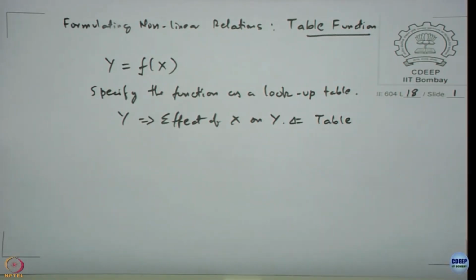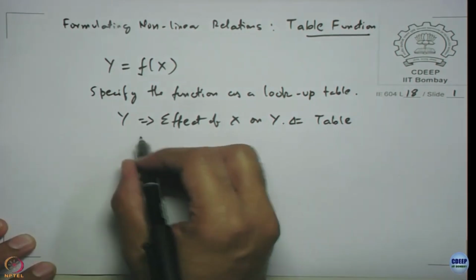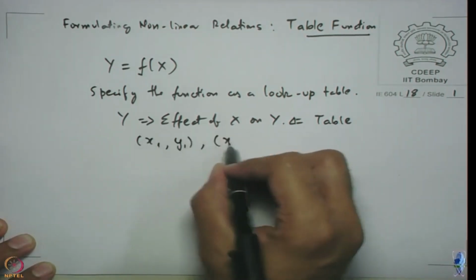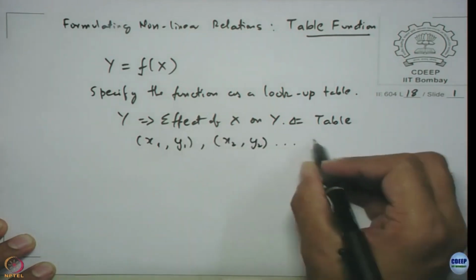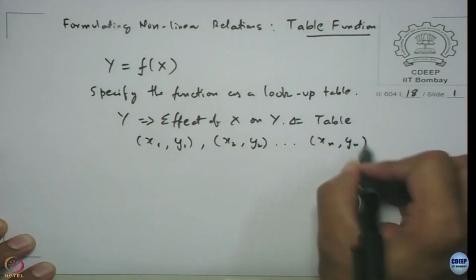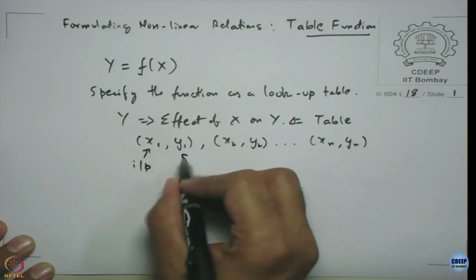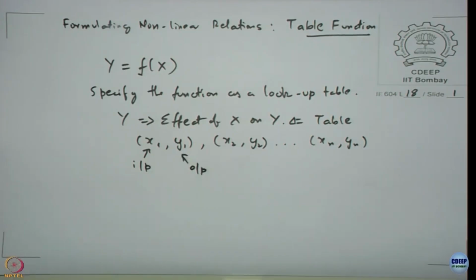What we mean by a table is that we want to give these pairs of x1 comma y1, x2 comma y2 and so on, where x is your input and y is your output. We want to specify the set of values and then use it in a simulation.